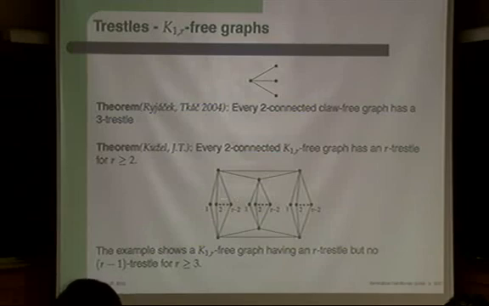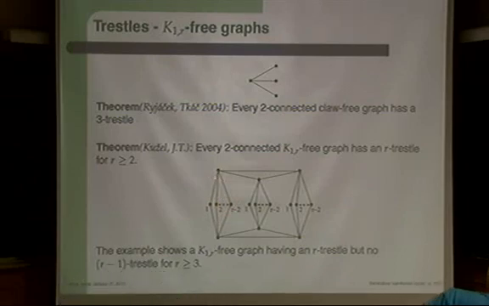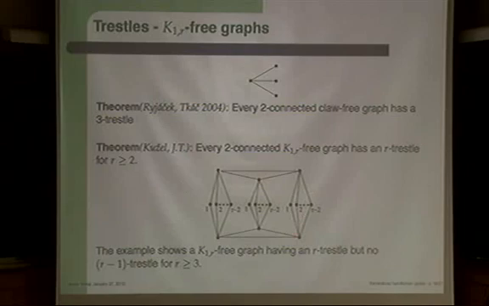Because you've got this set of vertices of degree 2, clearly the degree of this vertex must be at least r-2 because of this number of edges, the same as here and here. But then you want to connect these 3 blocks into a 2-connected graph. At any vertex you have to use 2 edges here. You cannot use only 1 because it's an odd cycle here. Therefore there is an r-trestle and no (r-1)-trestle.